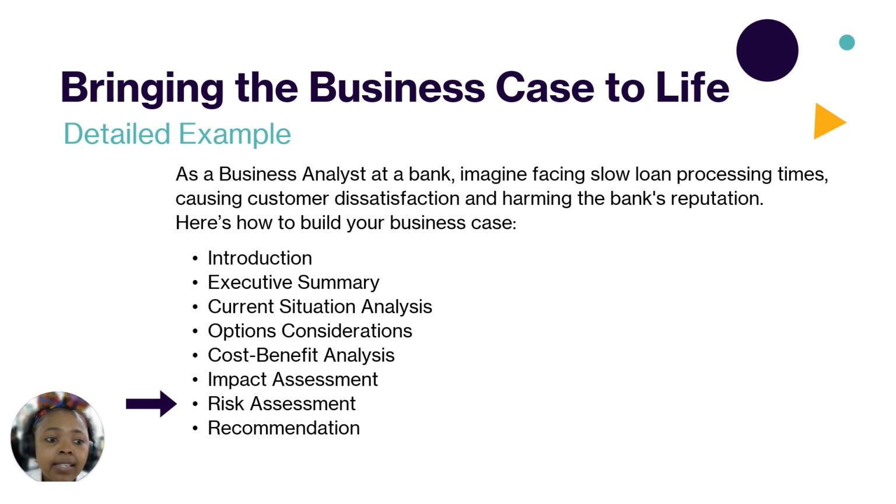And now we look at the recommendations. After weighing each option, make your recommendation clear and justify it. For example, we chose option 2. We could say investing in loan processing software is the recommended solution.